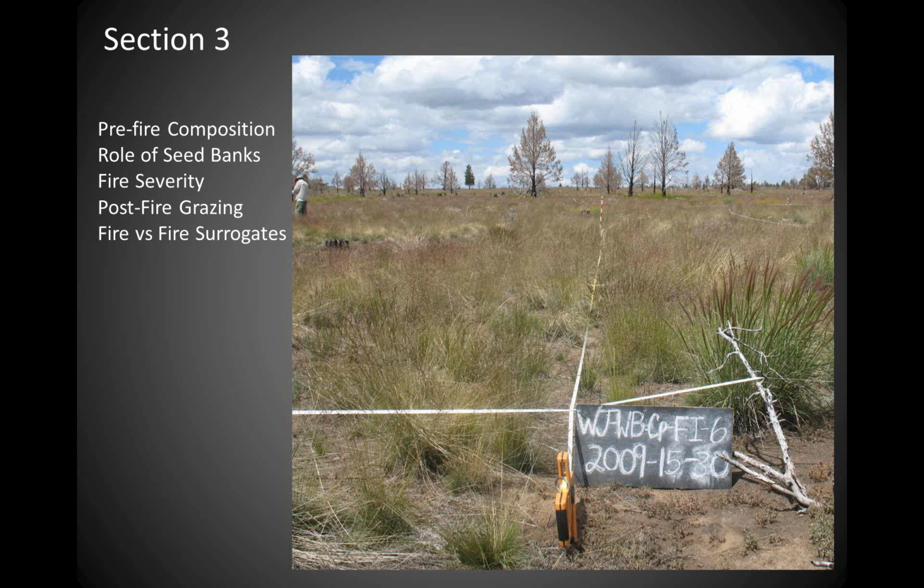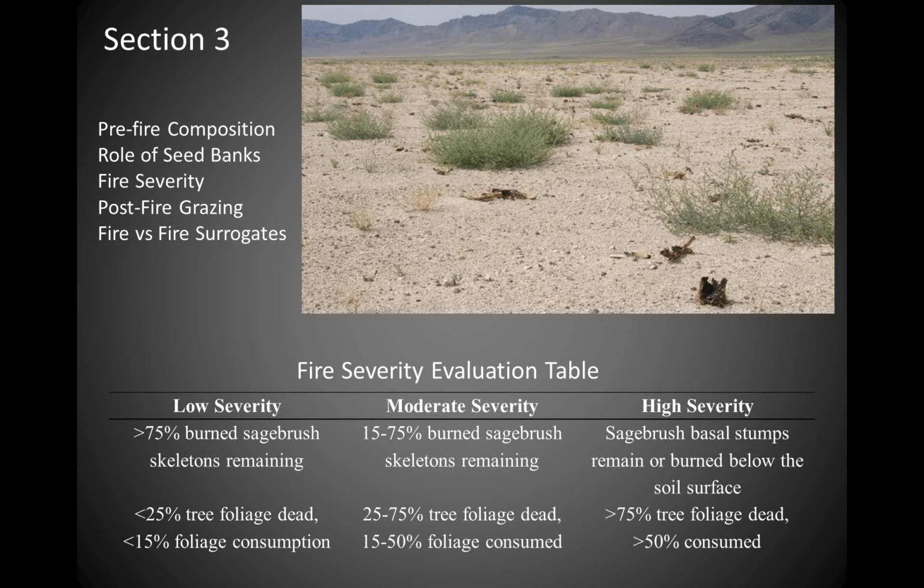And then we also looked at fire versus fire surrogates, such as some mulching, but mostly cutting, hydroaxing, using mechanical treatments, and how they compare to fire. There's also a section on fire severity, and there's a table.